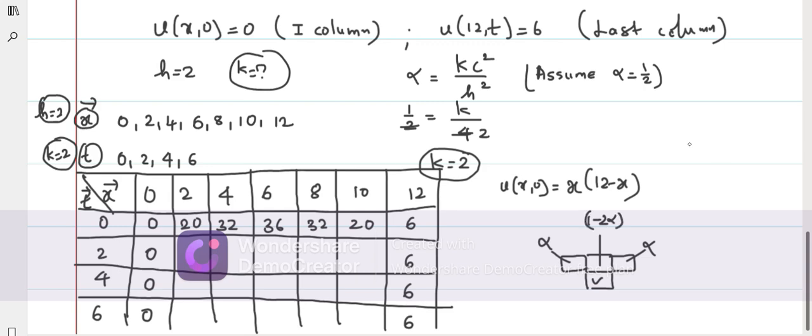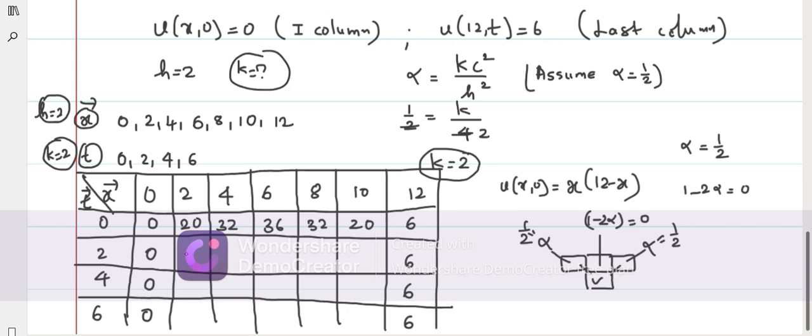Here alpha is 1 by 2, so clearly 1 minus 2 alpha is 0, so this value is 0. And you are multiplying by alpha, 1 by 2, here and here. So 1 by 2 into this plus 1 by 2 into this. That means the average of the two diagonal blocks.